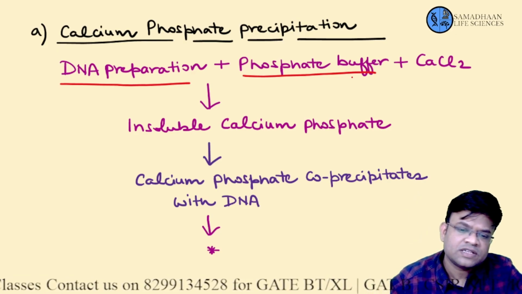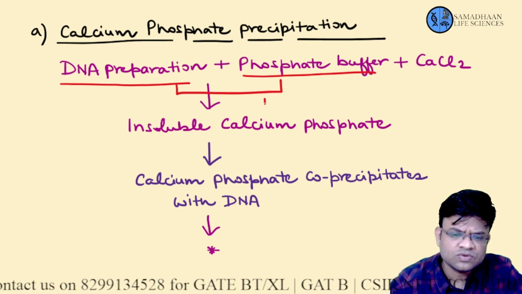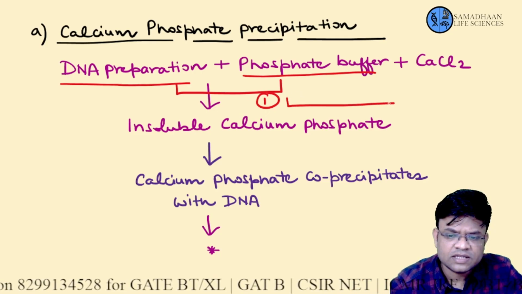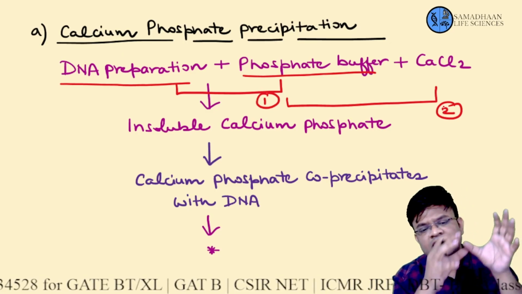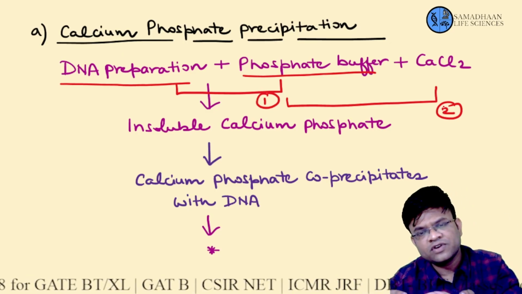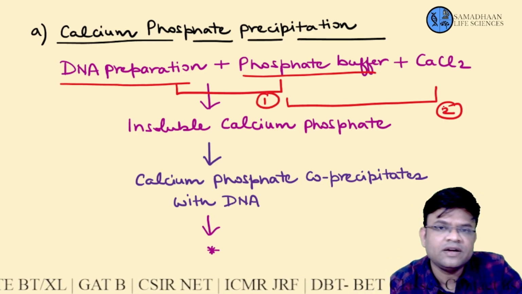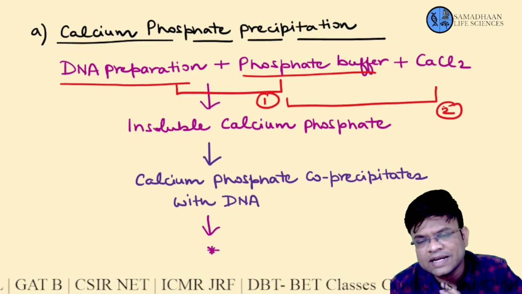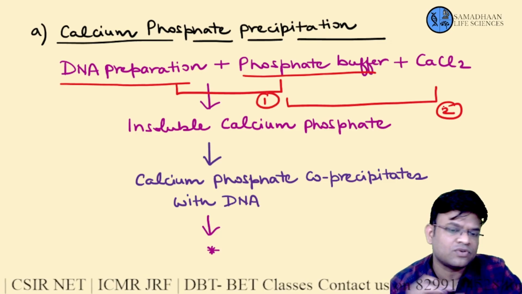This is the first thing that you do. You mix these two, and then, next, you add calcium chloride to that. I would be giving you the explanation behind why it is done in that way in just a moment. Firstly, let us go through the flowchart.